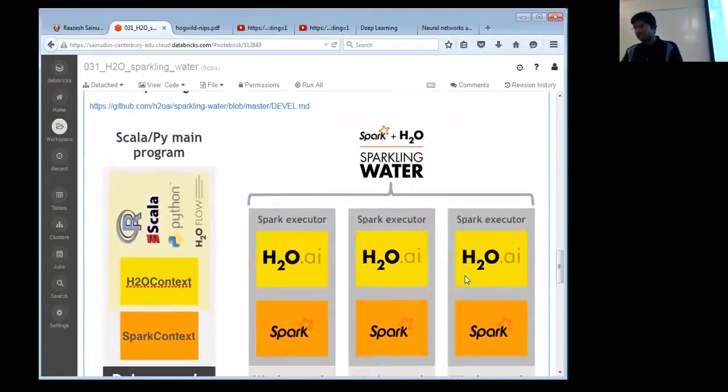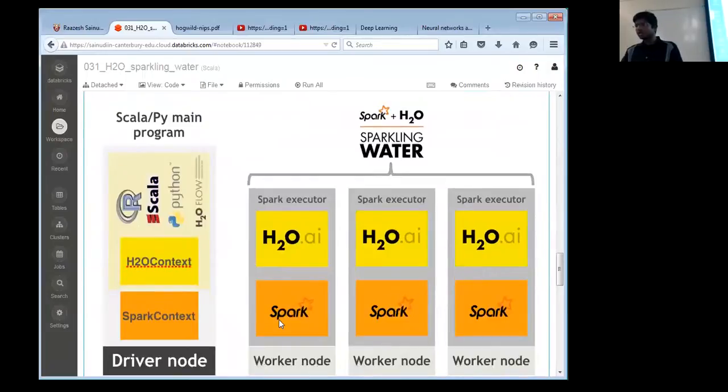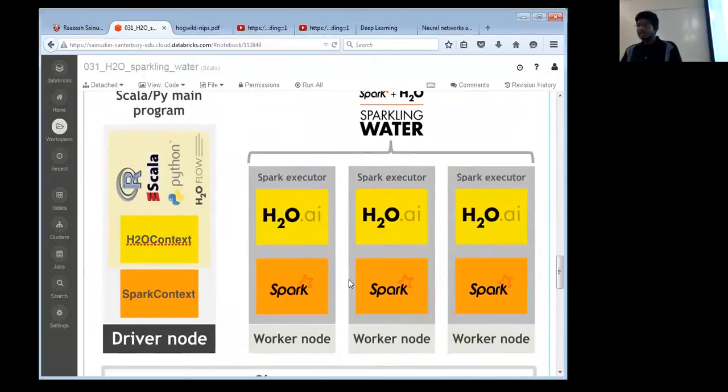Okay, and this is how sparkling water works. On each Spark executor, an H2O node runs on top of that. Okay, and what you do is, from the driver node, we know that we submit jobs using the Spark context.